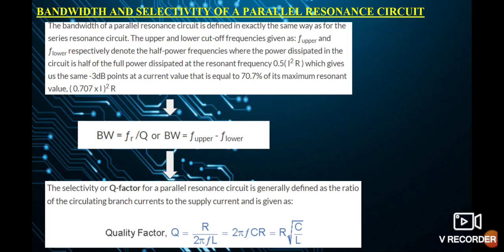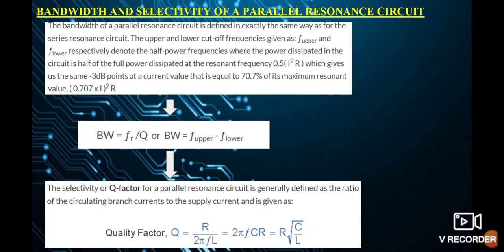Bandwidth can be calculated either by subtracting the lower cutoff frequency from the upper cutoff frequency, or by dividing the resonant frequency by the quality factor, that is Fr divided by Q. So BW equals F upper minus F lower.